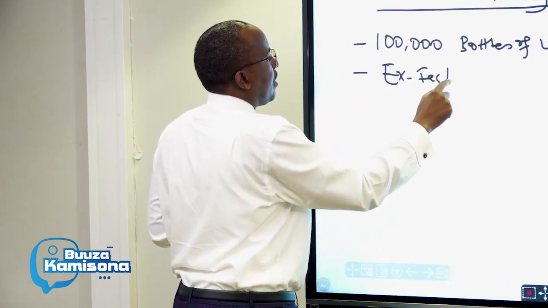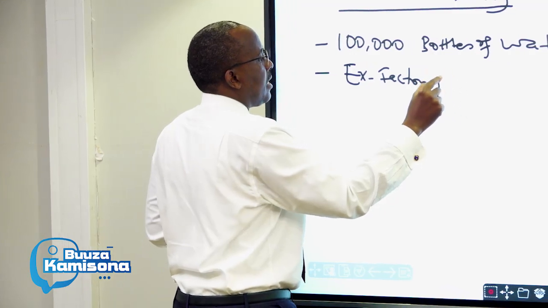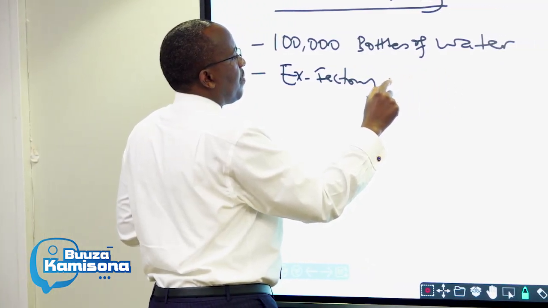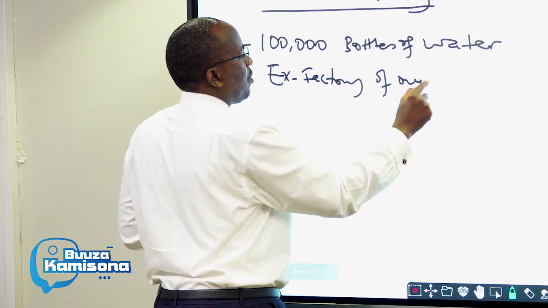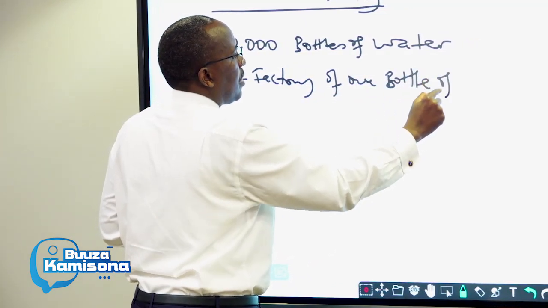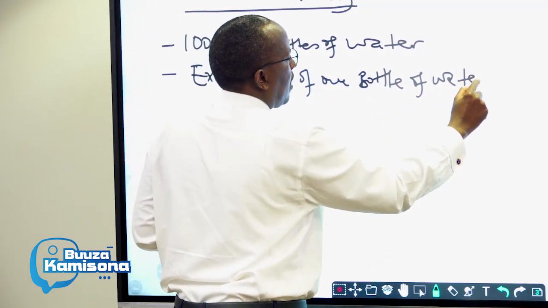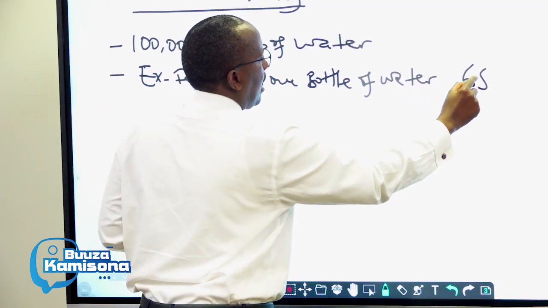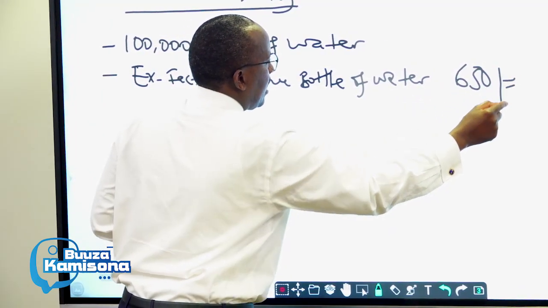Ex-factory price of one bottle of water, and you put this cost at 650 shillings as an example.